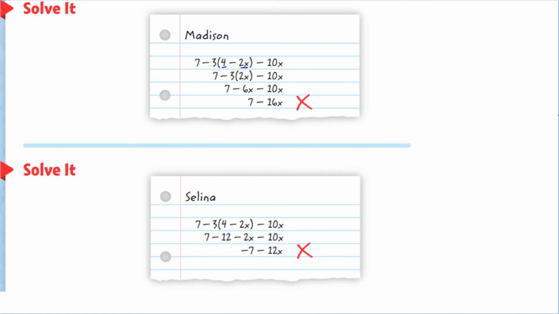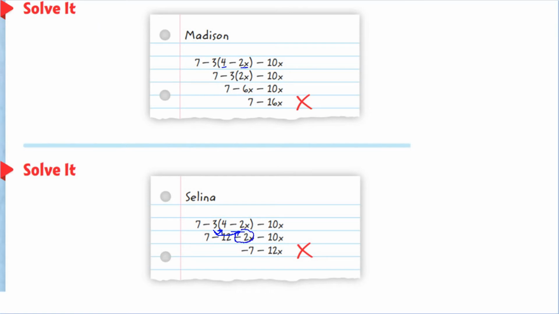This is a common mistake that a lot of students make. When you distribute, you have to share the love, as we say. So if you look down here, negative 3 times 4 is negative 12. And then she did not do negative 3 times negative 2x. She just left it as negative 2x.